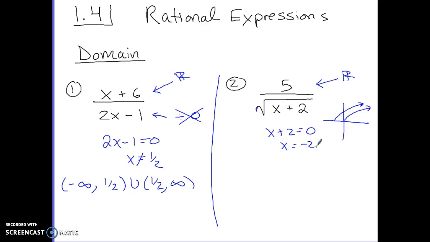And normally when I'm talking about a square root function, I start at that number and then I go to infinity. However, this time I don't want to use a bracket because it's on the bottom of a fraction. If I actually plug in -2, I'm going to get the square root of 0, which is 0, and I can't divide by 0. So I'm going to just start with a parenthesis, -2 to infinity.